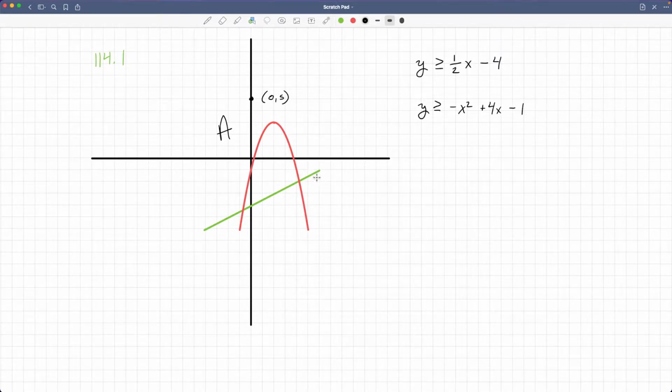And actually, I'm going to go ahead and just extend this line out, just so we have it all the way to the end of our graph. That's going to make it a lot easier.